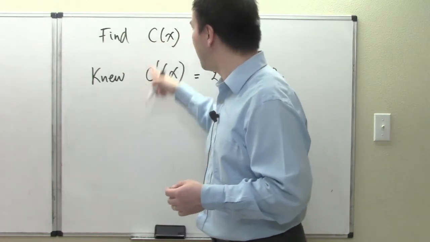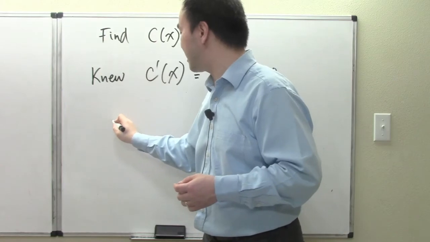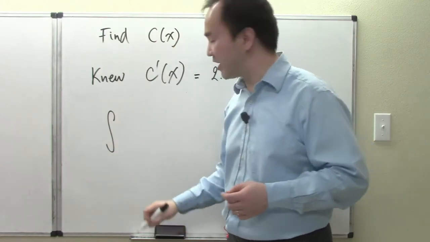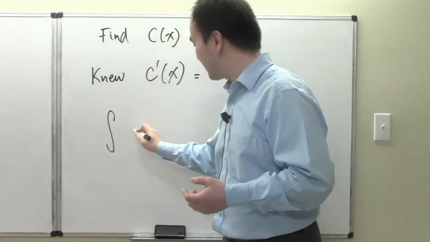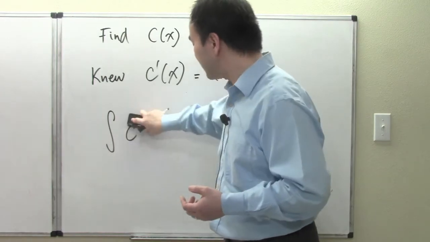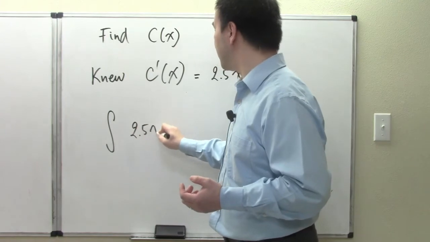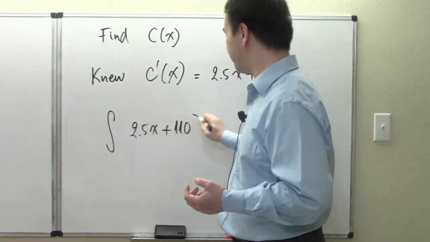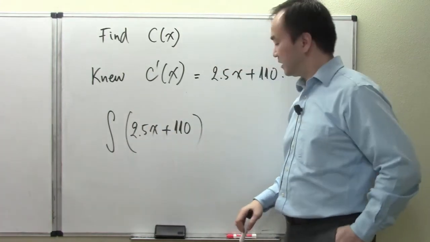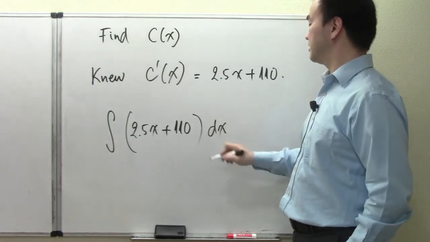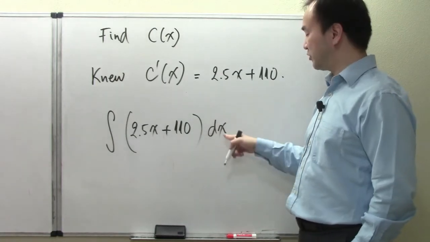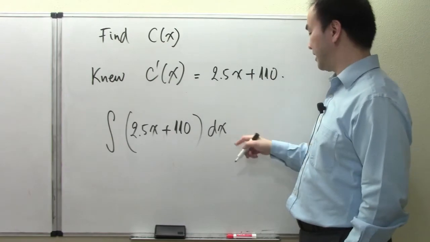So to find the cost function, from there I am going to take the indefinite integral, or just for short the integral, of our marginal cost function. So 2.5x plus 110 as our marginal cost function. I am going to take the integral with respect to the x variable right here, as for units.